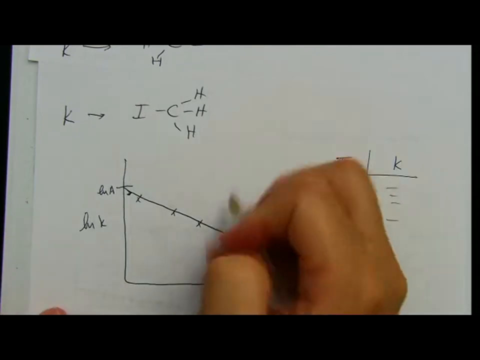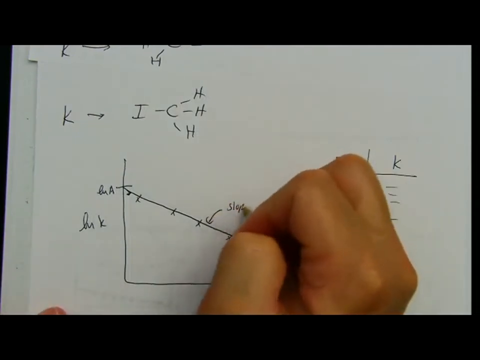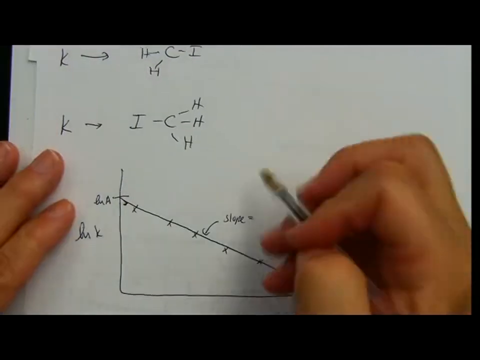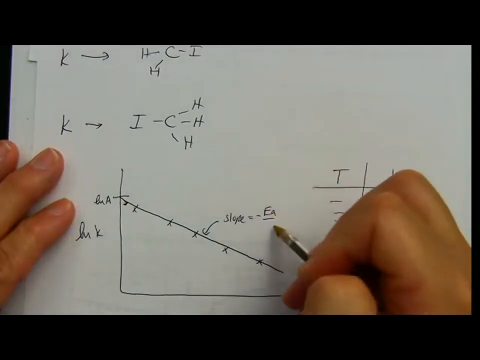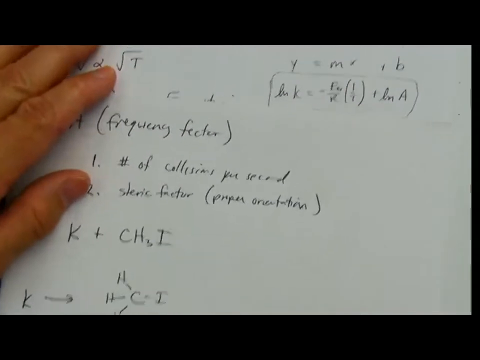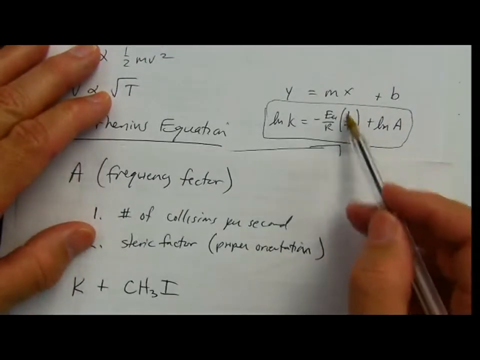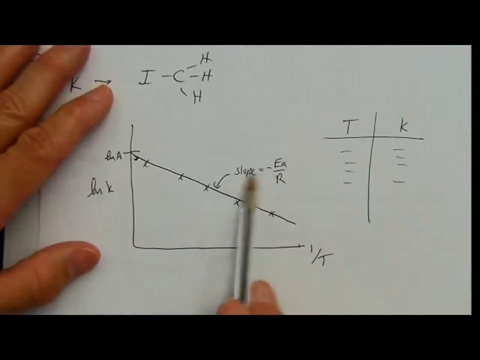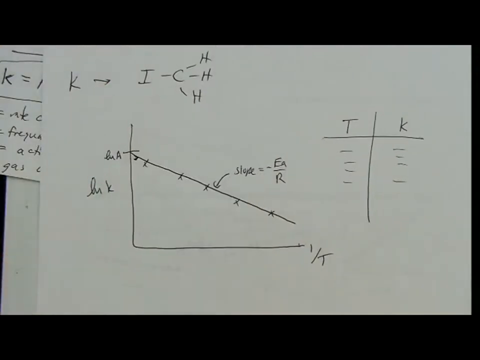And then what is the slope equal to? Nope, not equal to k. Yeah, it's minus the activation energy divided by the gas constant. See, here's your variable 1 over t, and so the thing in front of that is the slope. So the fact that you will have some numerical value of the slope allows you to calculate what?